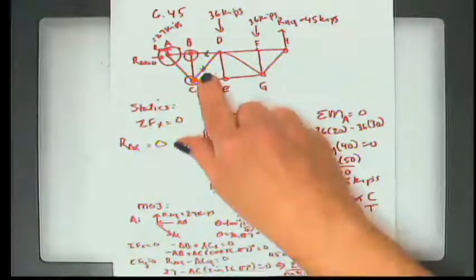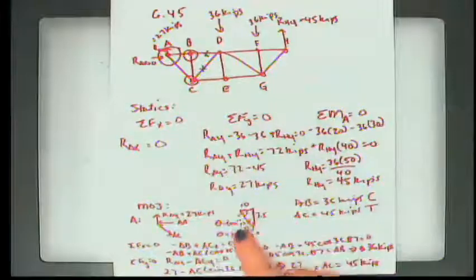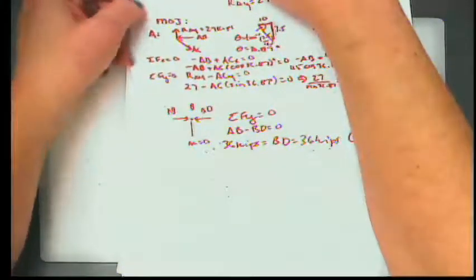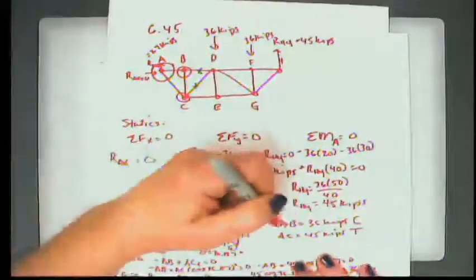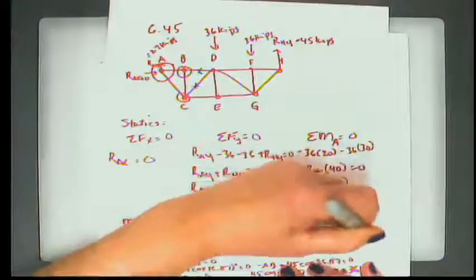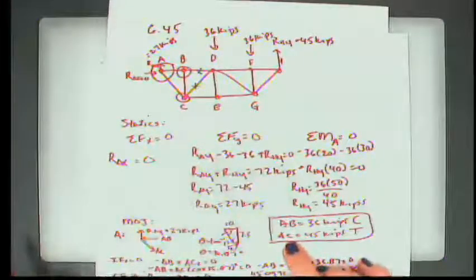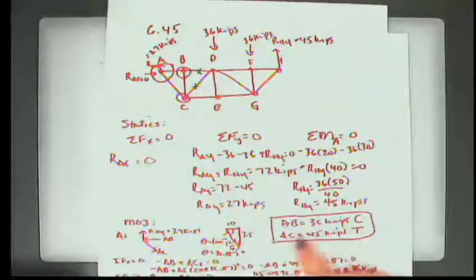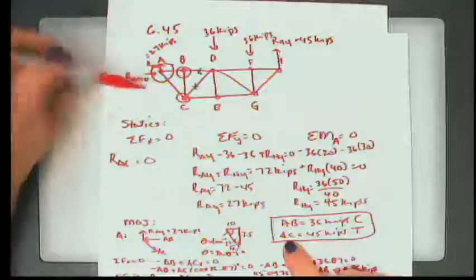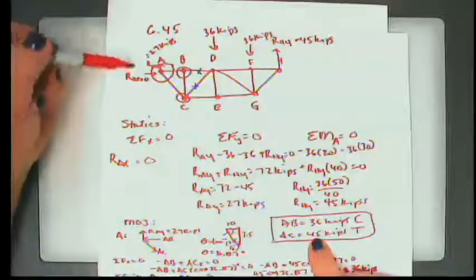Using the method of joints, I go to each joint, and so far I've looked at the analysis of joint A. What I found is that the force in member AB is 36 kilopounds in compression, and AC is 45 kilopounds in tension.